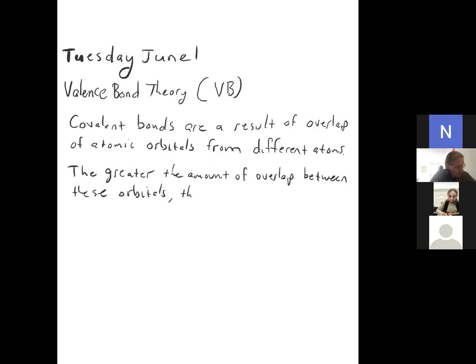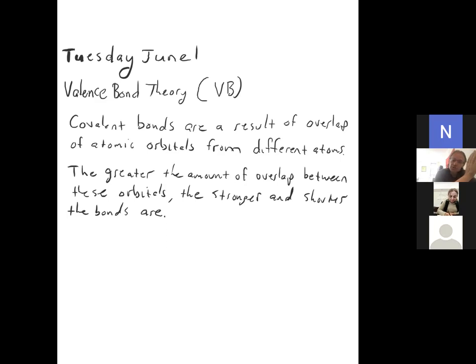the stronger and shorter the bonds are. Okay, so the idea is that the greater the overlap of these atomic orbitals, if there's more overlap, the bond will be stronger. If there's only a little bit of overlap, the bond will be weaker.